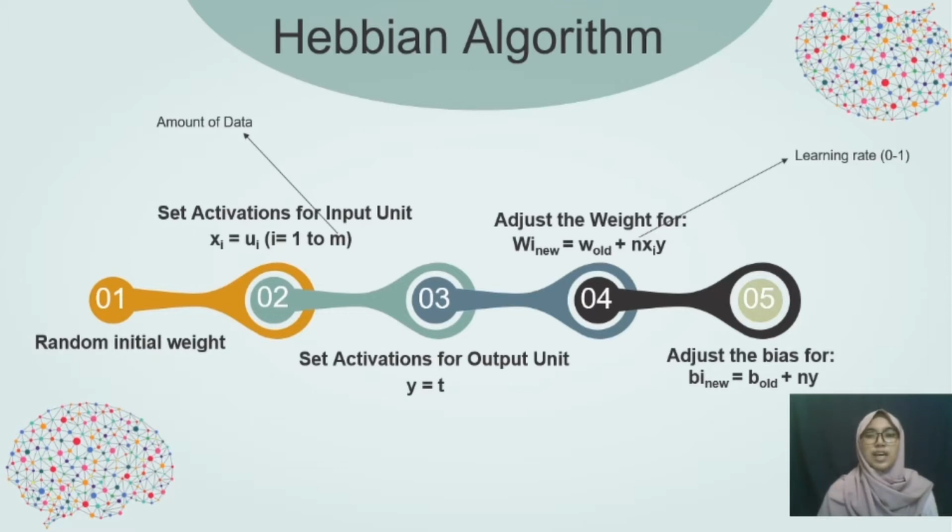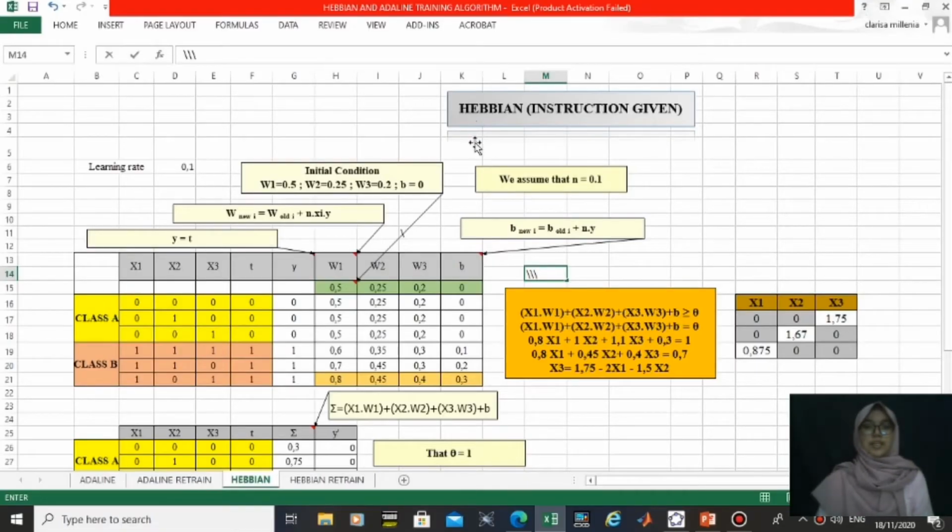In this case, n is the learning rate. The next step is to adjust the bias. If we want to know the value of the bias, we can use this formula: b new equal to b old plus n times y. So this is the training algorithm of Hebbian.